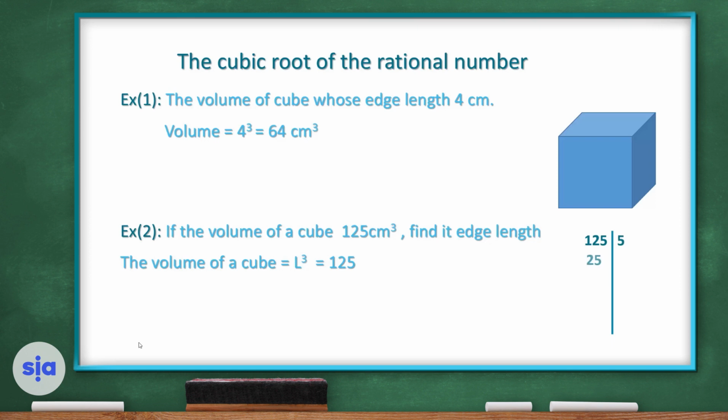Divided by 5, it's 25. Divided by another 5, it's 5. Divided by 5, it's 1. So when we do the prime factorization, it's 5 times 5 times 5. So we have 3 fives. Yes, so when we take the cubic root, it is 5. Then the edge length is 5 centimeters long.